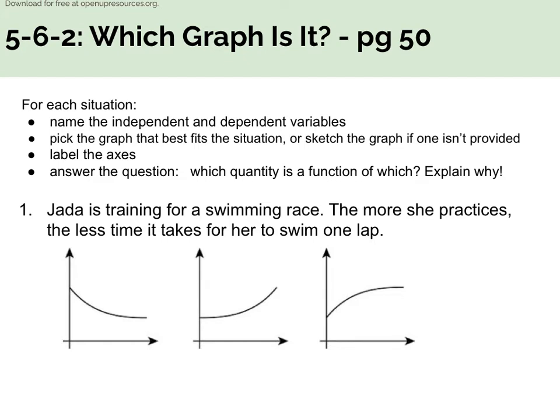So let's look at it as the dependent, or the y-axis, being the time to swim a lap. Let's get our pen going. Let's do blue. Sorry again, I don't have my pen for today, so we're just going to have to deal with this.